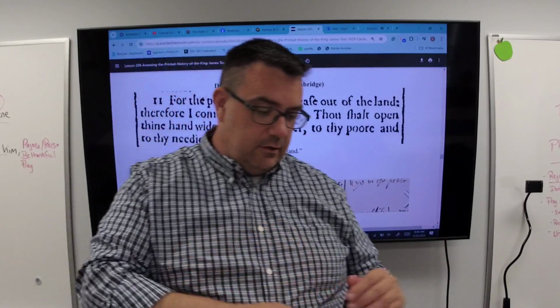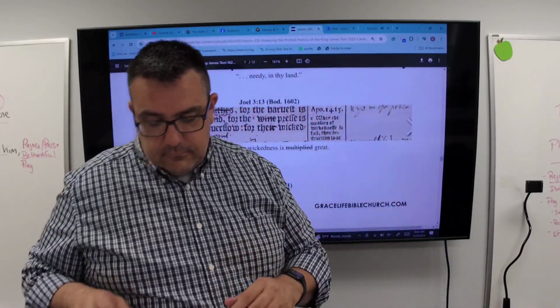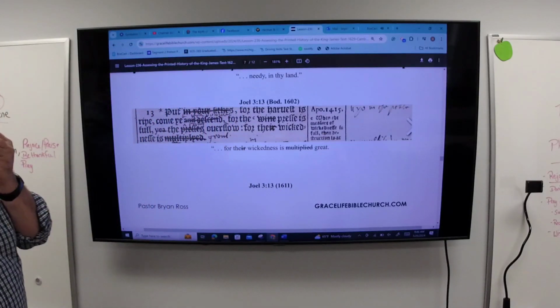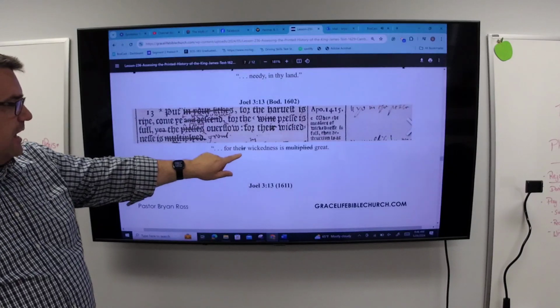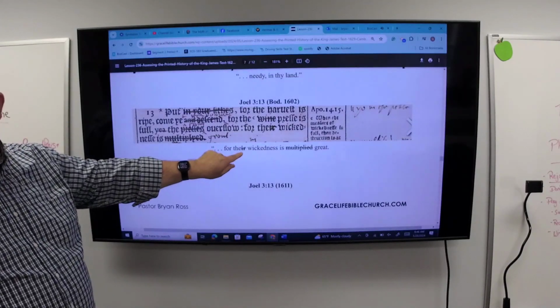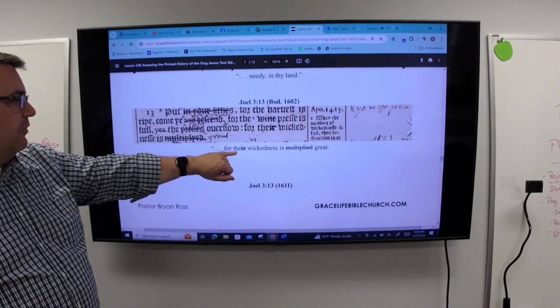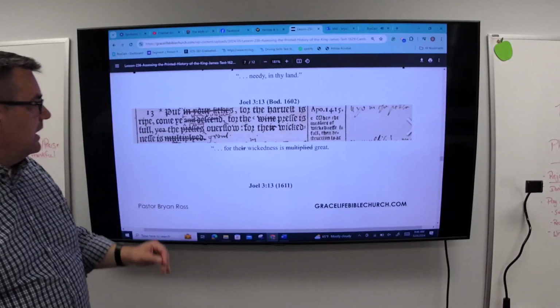Let's look at Job 3, verse 13. There's a lot going on here, so let's just jump down. Notice that they originally had it there, and they edit and strike through this and make it the wickedness is multiplied great, and they take out the word multiplied.